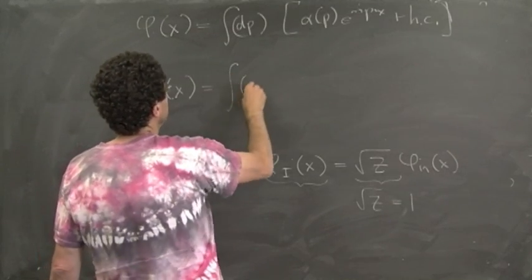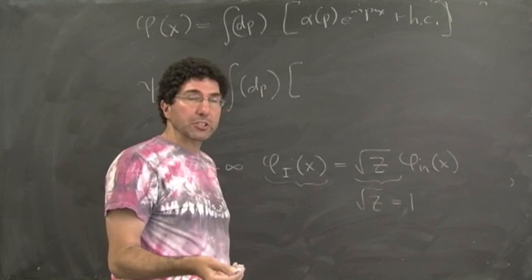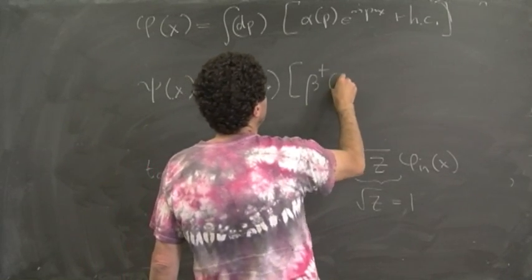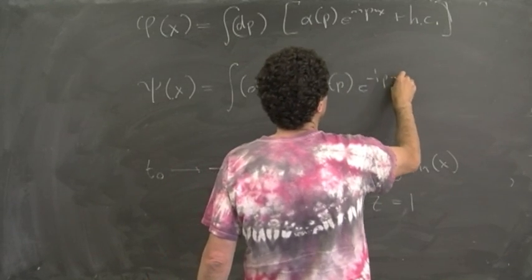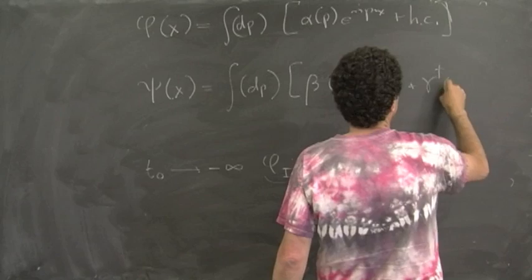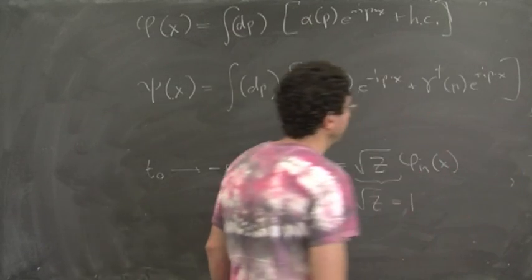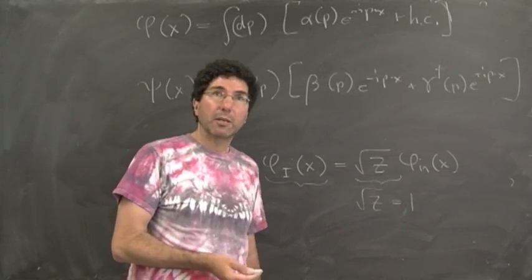So I have to introduce new kinds of creation and annihilation operators for my nucleon. I'll call this beta of p, e to the minus i p dot x, plus gamma dagger of p, e to the plus i p dot x. So I'm going to have 3 different kinds of creation and annihilation operators.